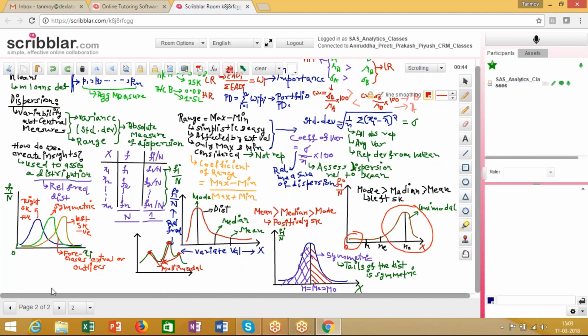One very simple formula for skewness is Karl Pearson's formula, or Karl Pearson's skewness coefficient.